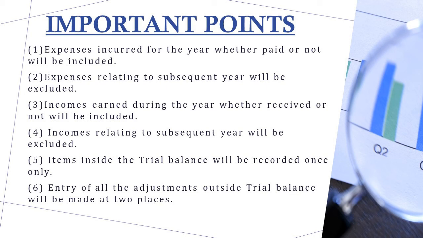So basically all the expenses and incomes relating to this particular current year will be included. Then items inside the trial balance will be recorded once only, and entry of all the adjustments outside the trial balance will be made at two places, whether it is in trading account and balance sheet or it is in P&L account and balance sheet.